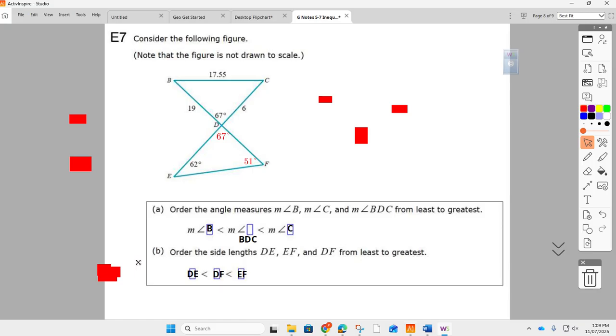We don't know what angle B and angle C measure, right? So we can't use that angle measure 67. We don't know what the other two are. We don't have enough information. But we can go by the side length. Side length 6 is the shortest side, so it's going to be across from the smallest angle. 17.5 is next. It's across from the medium angle. Doesn't matter what that measure is, right?